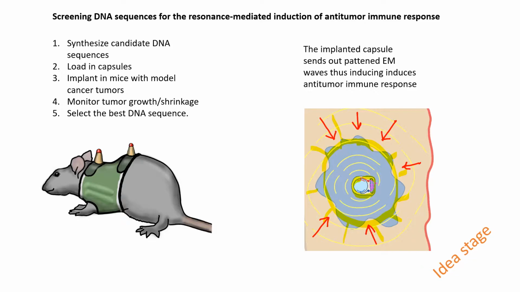Basically inside the tumor, we put a source of biological DNA waves, which would signal to the surrounding tissue and the immune system that it is a foreign body which needs to be removed. For that, we synthesize candidate DNA sequences, load them in capsules, implant them in mice with model cancer tumors, monitor growth and shrinkage of tumors, and select the best DNA sequence.